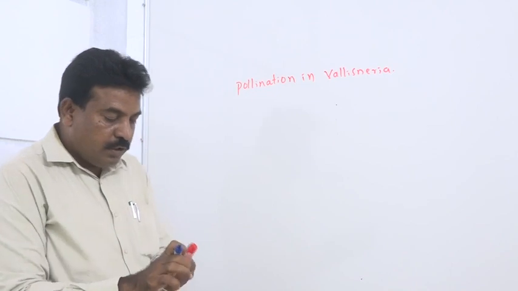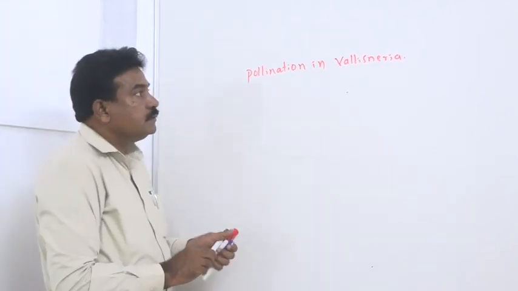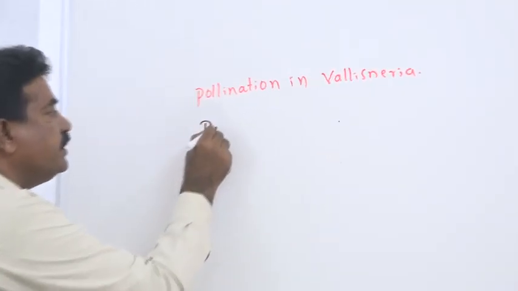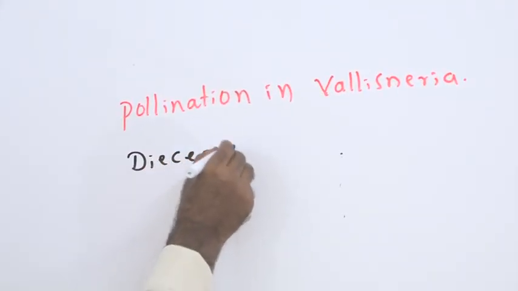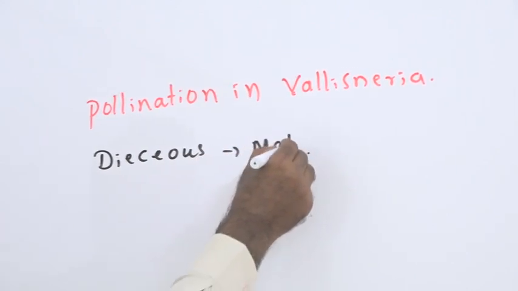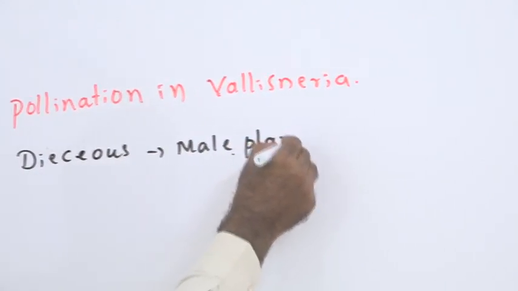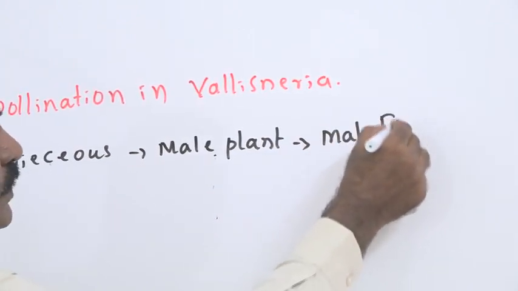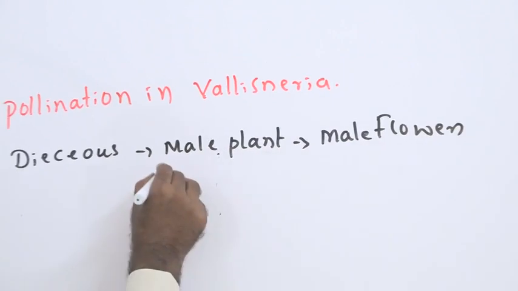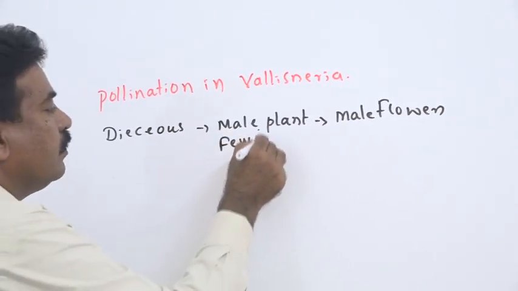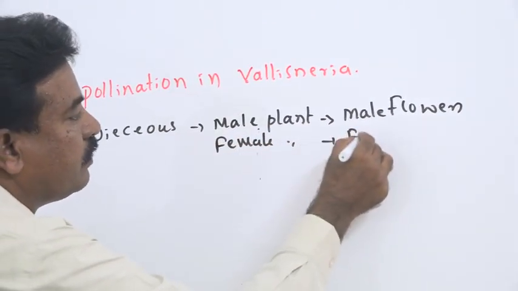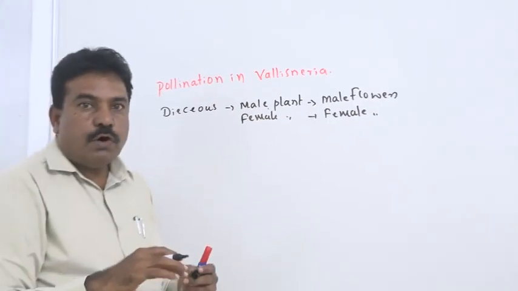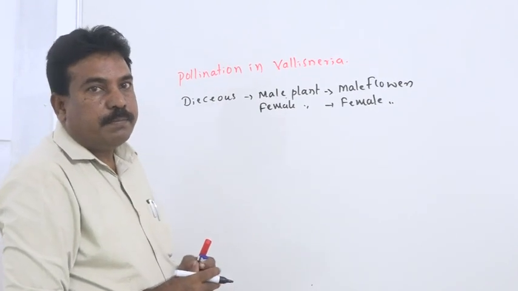If you consider pollination in case of Vallisneria, generally this plant is dioecious. That means the male plant bears male flowers and the female plant bears female flowers. That means male and female flowers are borne on two different plants.